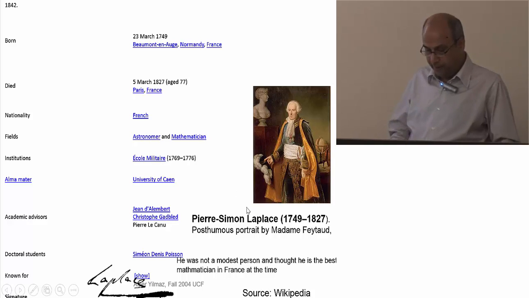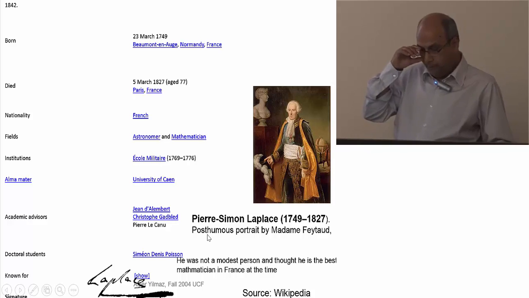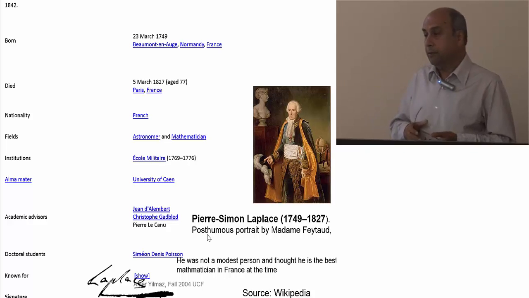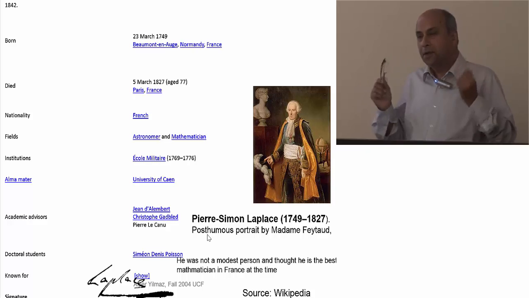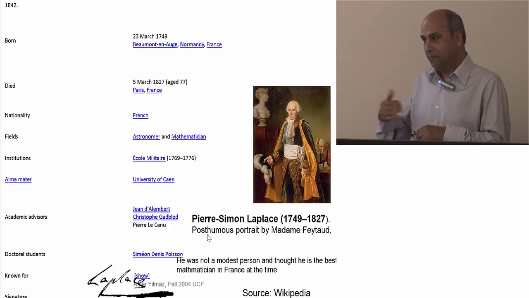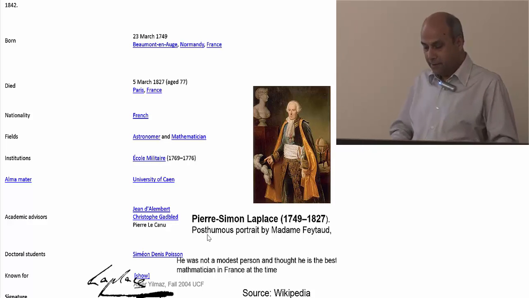This is from Wikipedia. He was not a modest person, but he made lots of good contributions. So it's good to look at the history of science. Look at these guys, how much they did, and we are still talking about these after 200 years.